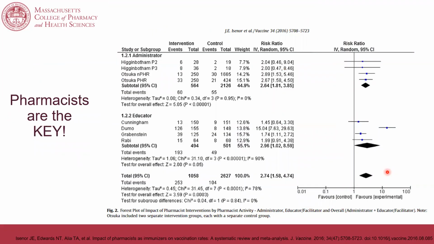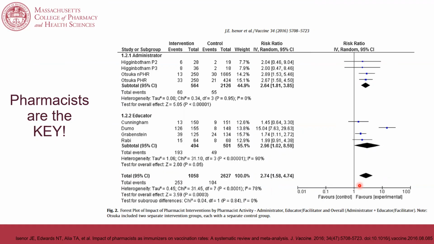And this figure is definitely complicated. I don't want you to memorize this, but this diagram here is data from a systematic review and meta-analysis study that assessed the impact that pharmacists have on vaccination rates.